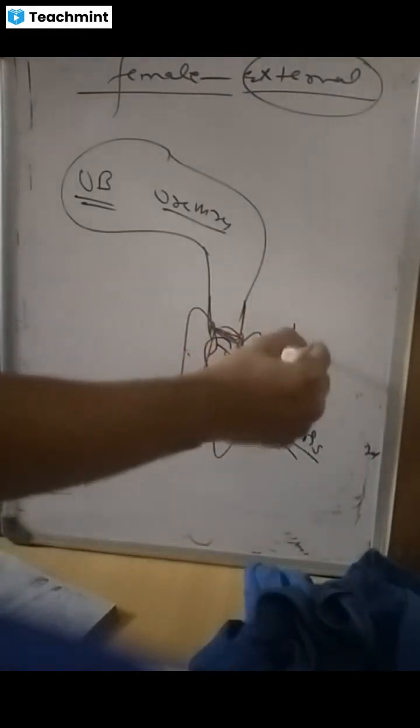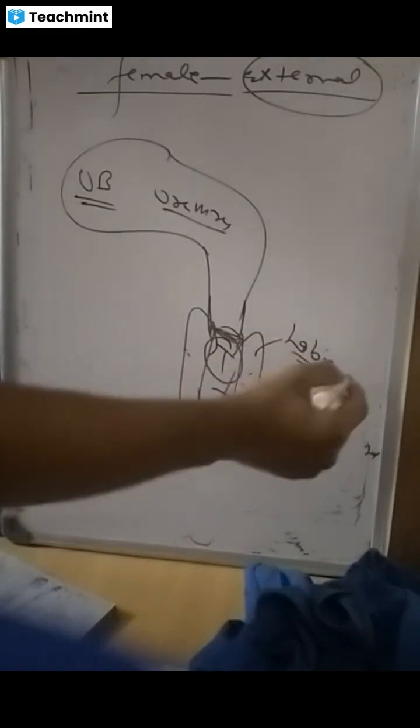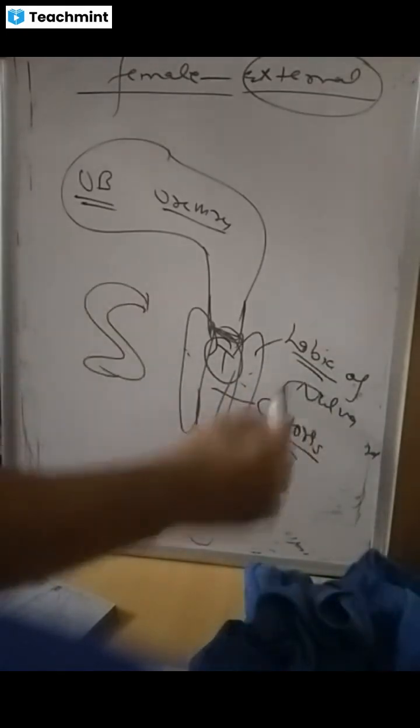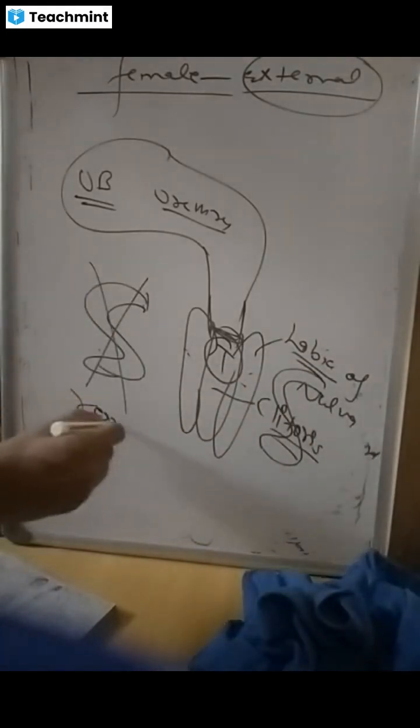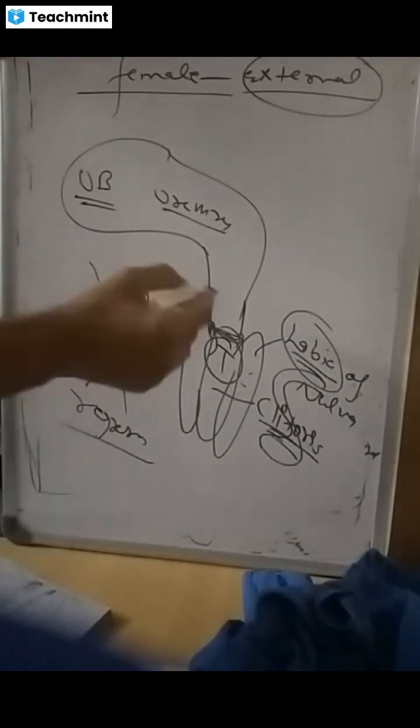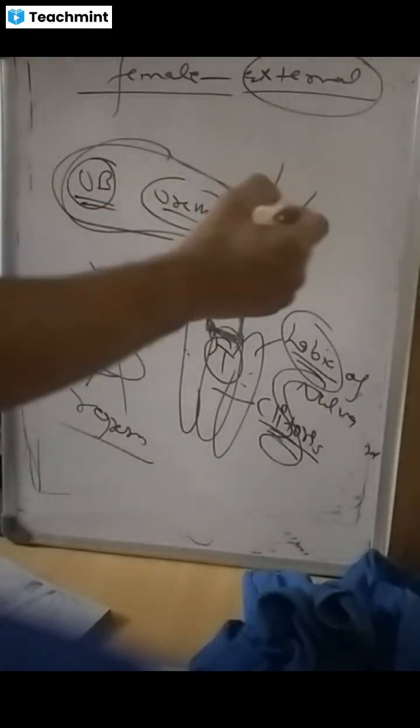They may form the labia of the vulva. This side, these two swellings, they regress or degenerate. They do not form any part in female. Female external genitalia is very simple. Yes, we have urinary bladder, urethra, and now we'll see the internal genitalia.